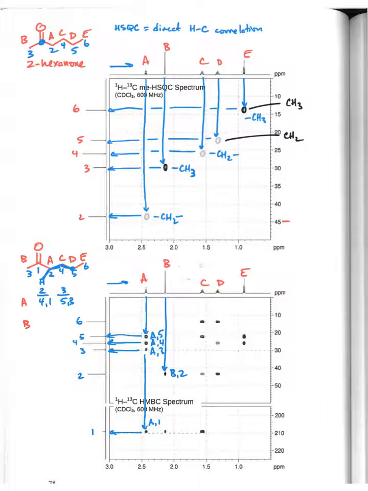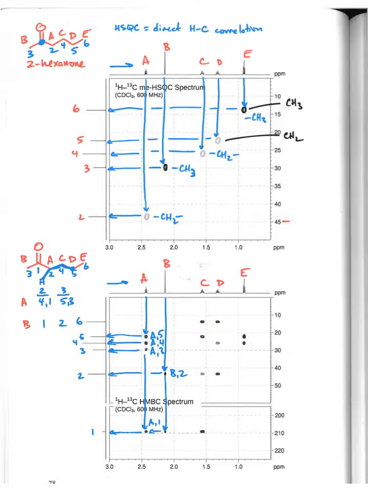That's going to be a 3-bond. Further down, B sees carbon 1. That's going to be a 2-bond. Those are the correlations we have for B.